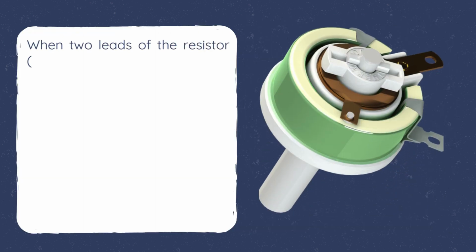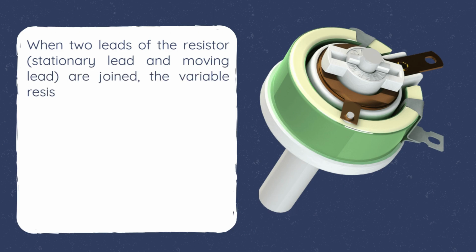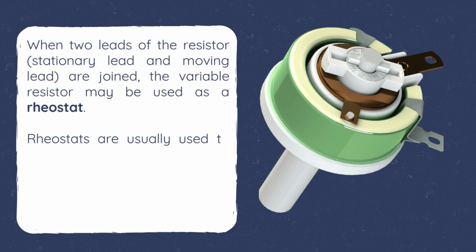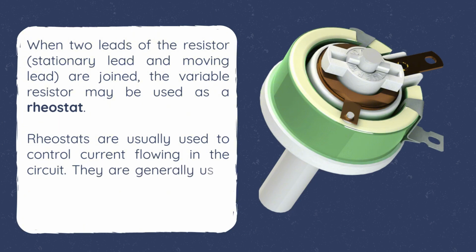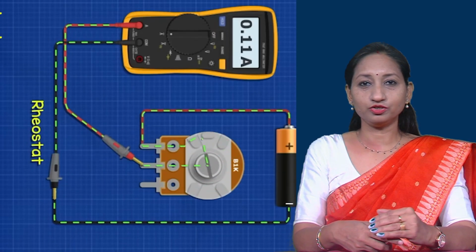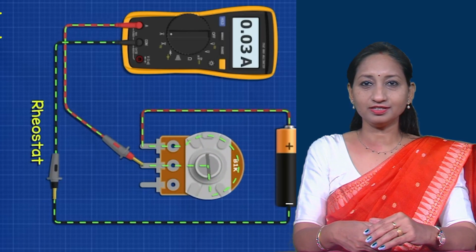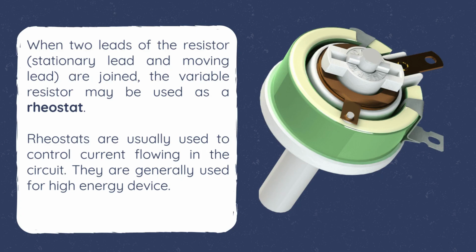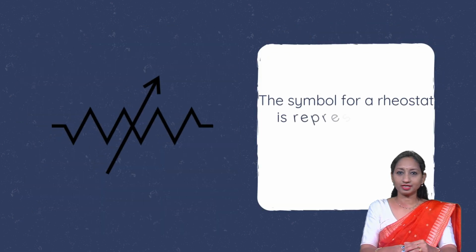When 2 leads of the resistor are joined, the variable resistor may be used as a rheostat. Rheostat is usually used to control current flowing through the circuit. They are generally used for high energy devices. The symbol for a rheostat is represented like this.